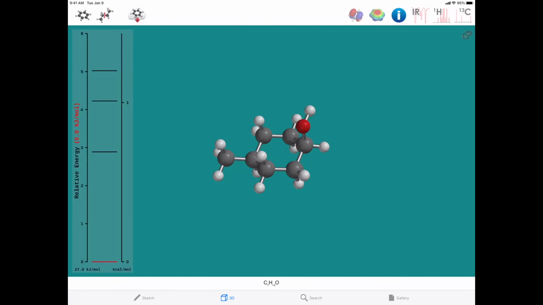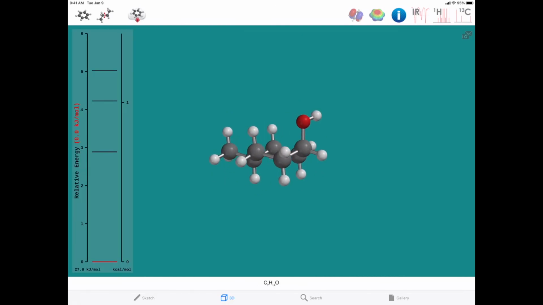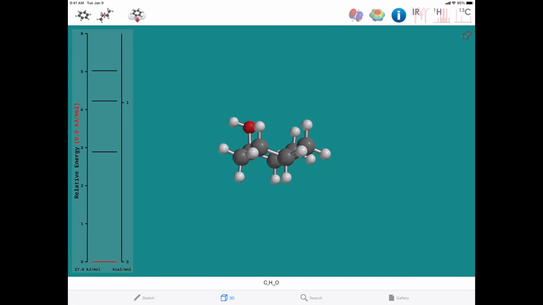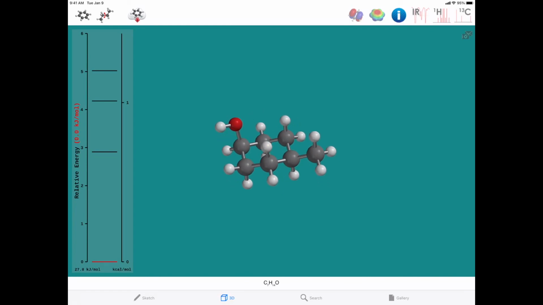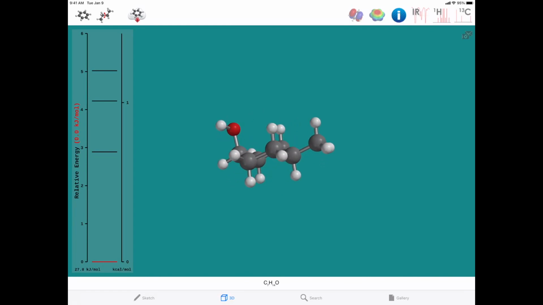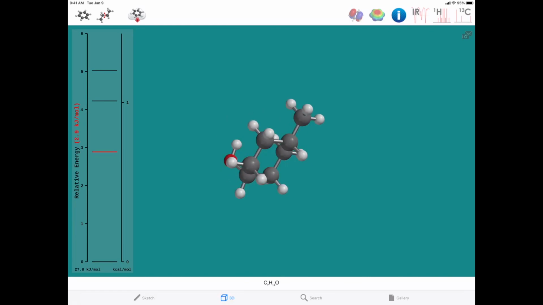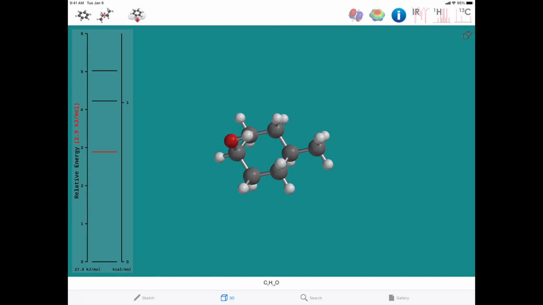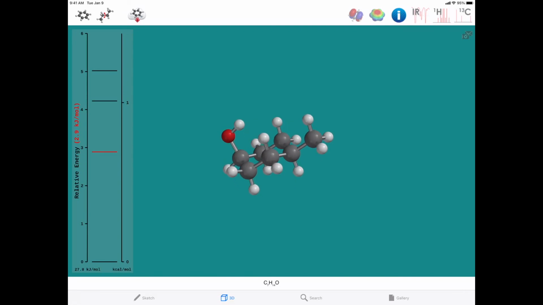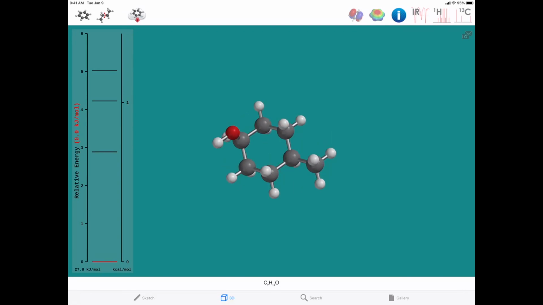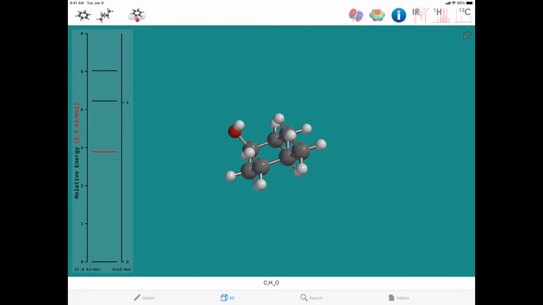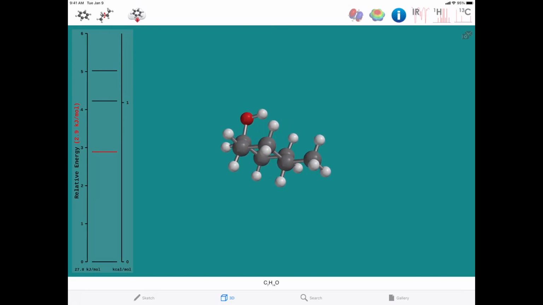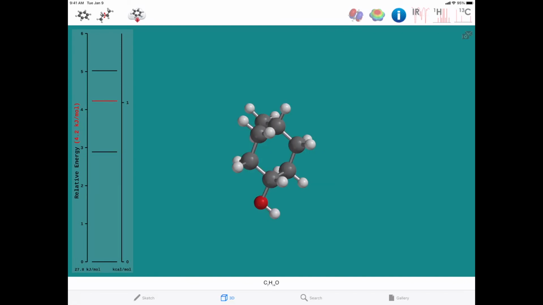Stop conformer search. Oh, interesting. All right, so the lowest energy conformation, do you see that? The OH group is axial. The methyl group is equatorial. It's choosing another conformation where, do you see how it's better to have the proton oriented away from the other axial protons than towards the middle? But everything is still that chair.